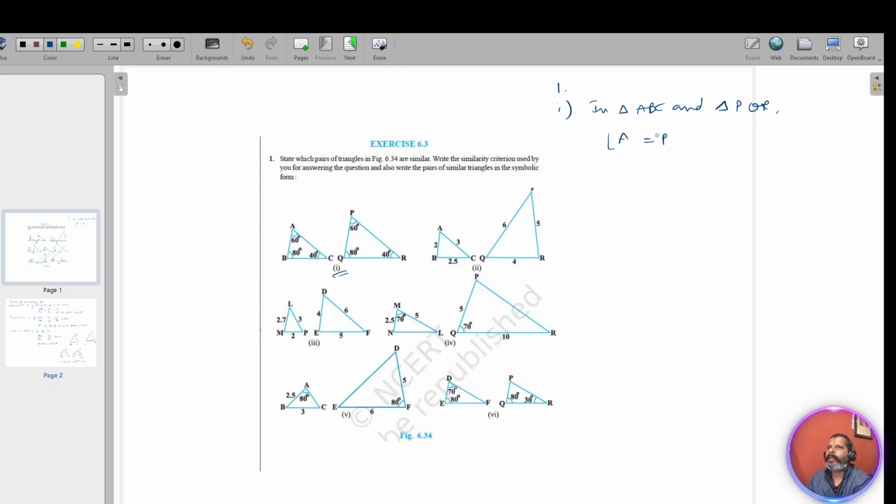A is equal to P equal to 60. Then B equal to Q equal to 80. C equal to R equal to 40. Since the angles are equal, you just extract the letters of the triangle as you wrote. Therefore, triangle ABC is similar to triangle PQR by AAA.